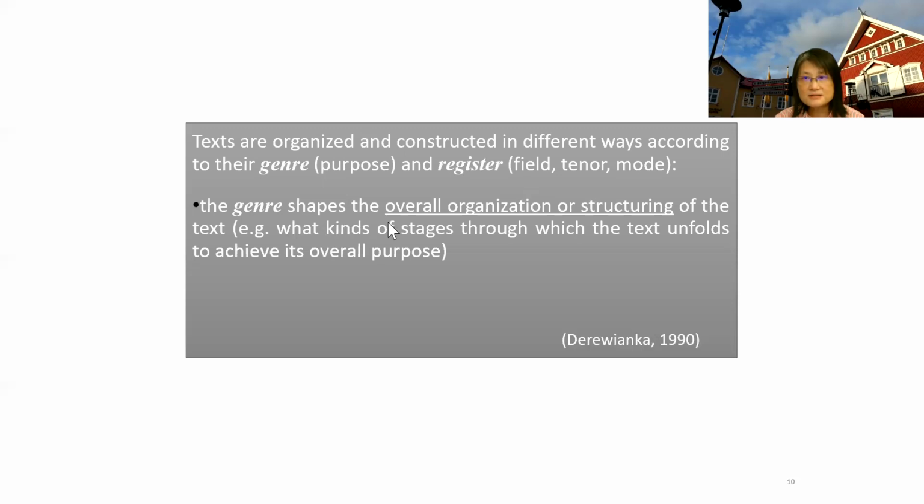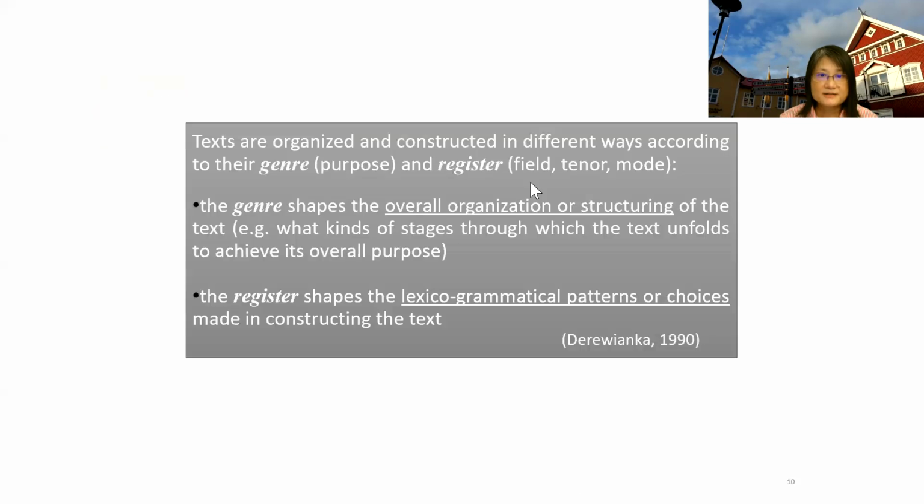The genre shapes the overall organization or structuring of the text, whereas the register shapes your choice of lexical vocabulary and grammatical patterns, the sentence patterns, and choices made in constructing the text.